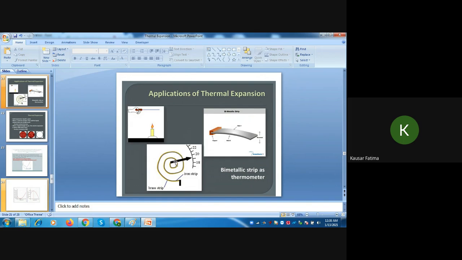How much uncoiling or coiling takes place depends on the increase or decrease in temperature. So we can measure temperature using this bimetallic thermometer also. That means a thermometer is not only made up of a resistance thermometer or thermocouple; we can have a bimetallic thermometer as well. Then after thermostats in the electric iron, we have to study thermal expansion in water.